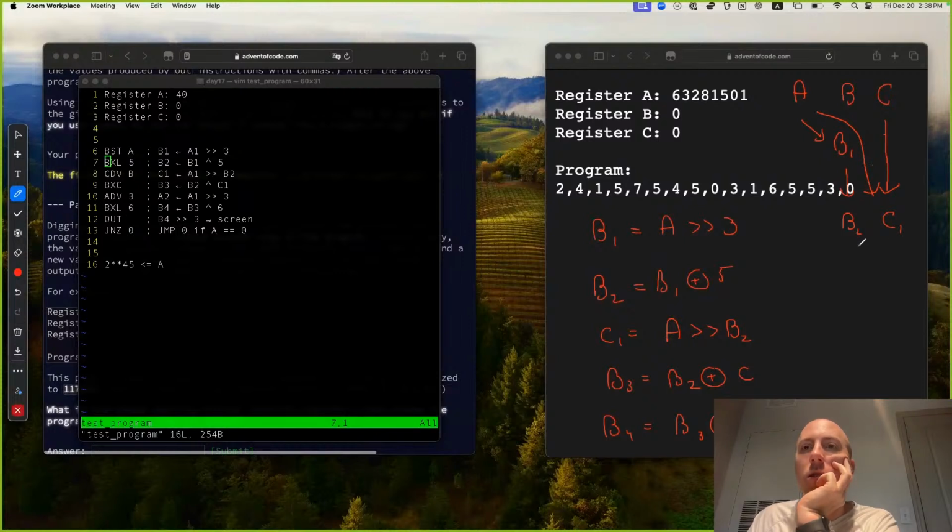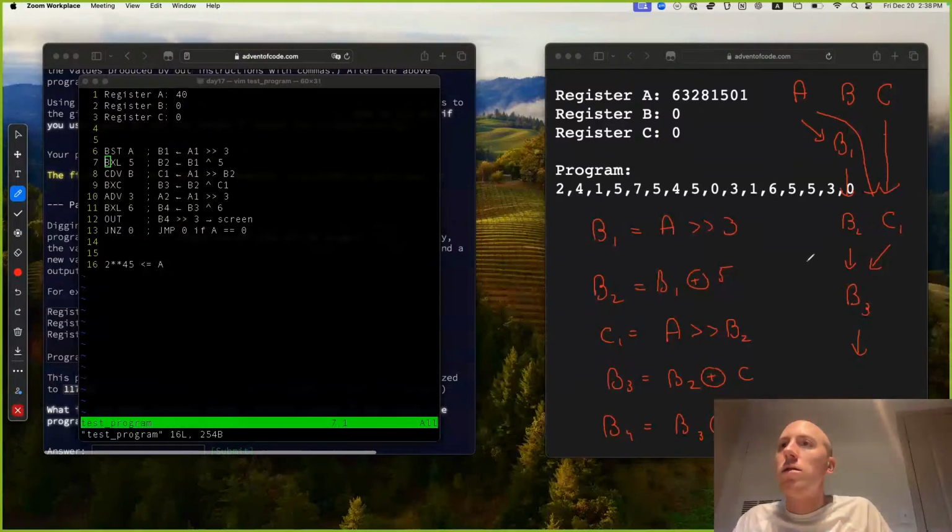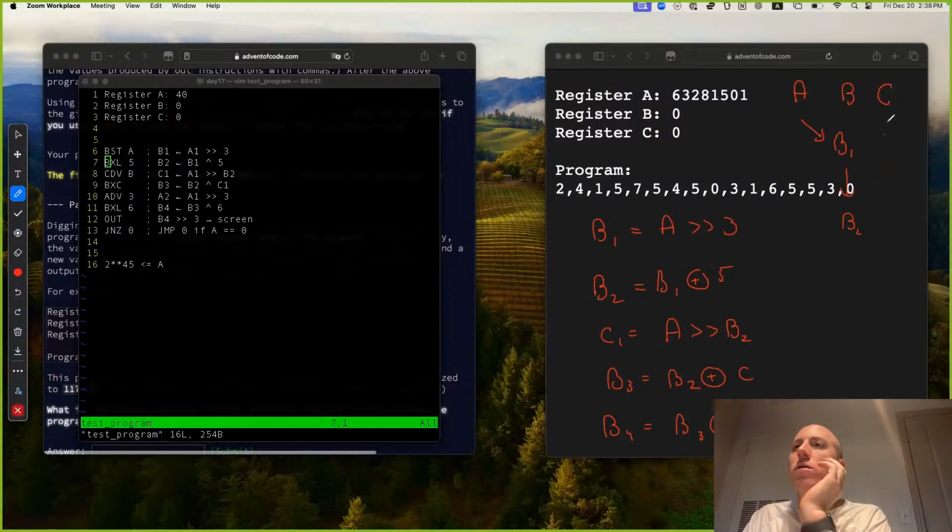And then B3 is like this, and then B4 is just a function of this, and then it's out to the screen. Maybe to see this a little more sequentially, it's a little bit further down here.